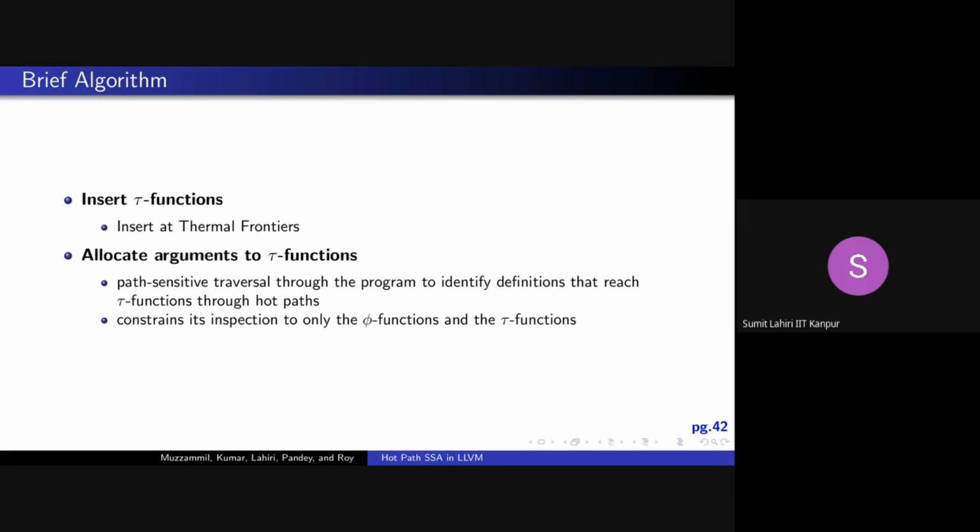Thermal frontiers are nodes where a hot path and a cold path are merging, and we allocate arguments to tau. We do a path sensitive traversal over the program to identify which definitions are flowing over which hot path, and we order the definitions accordingly. The first definition is the phi definition that is there in that basic block.